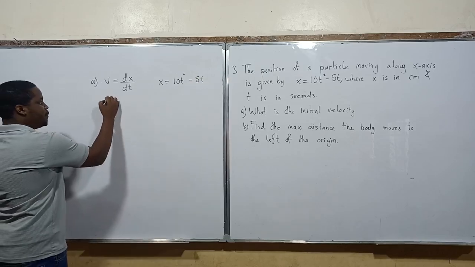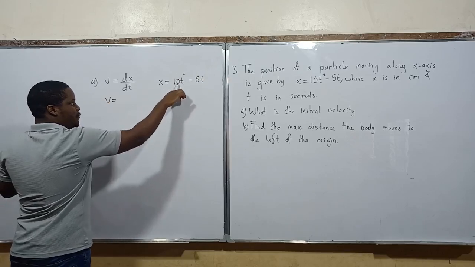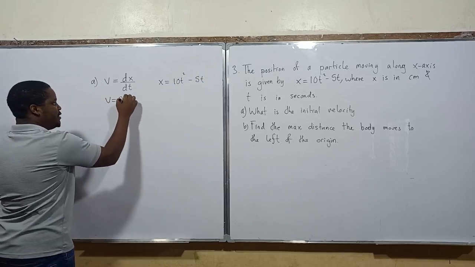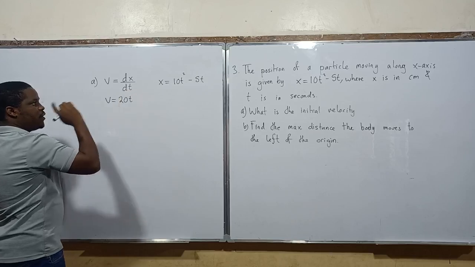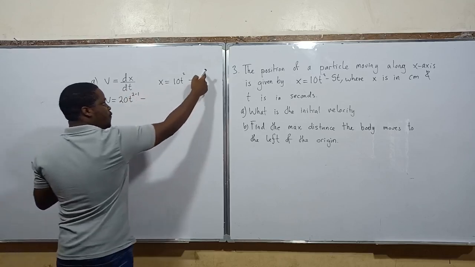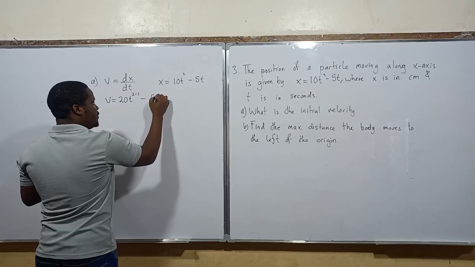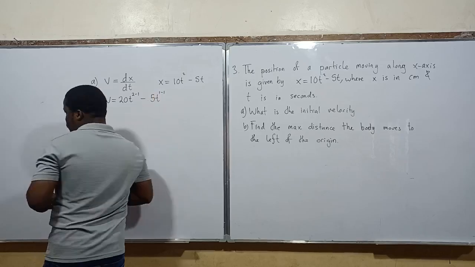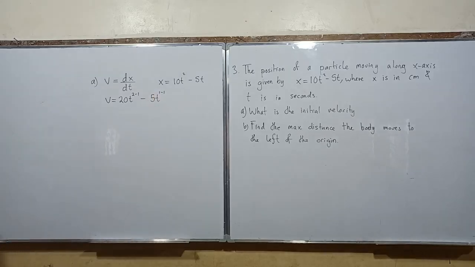So velocity v, power times coefficient, gives 20t, where the power of t is 2, so it will be 2 minus 1. Here we have 1 times 5, hence we have 5t, 1 minus 1. That's what is happening there.